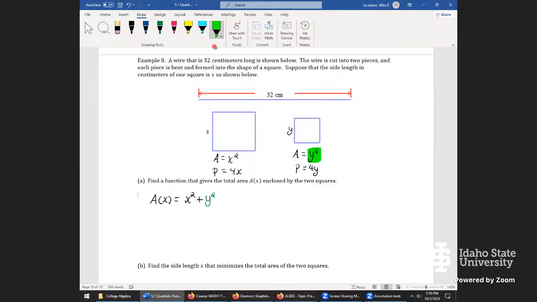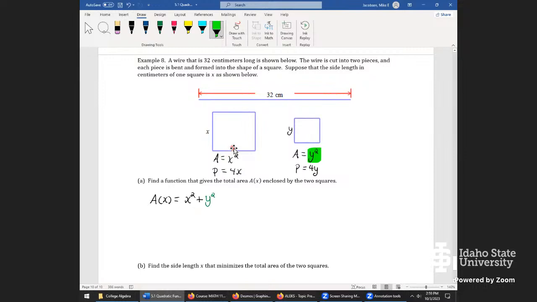And I'll highlight this one because that's a problem. I can't actually work with the function as it stands. I can't use the vertex formula. I have nothing I can do with it, because if it says A of x, I need to have exactly 1 variable on the right-hand side, yet we have 2. But if we can eliminate that y variable, we'll have a real function that we can work with, and we'll be well on our way on this problem.